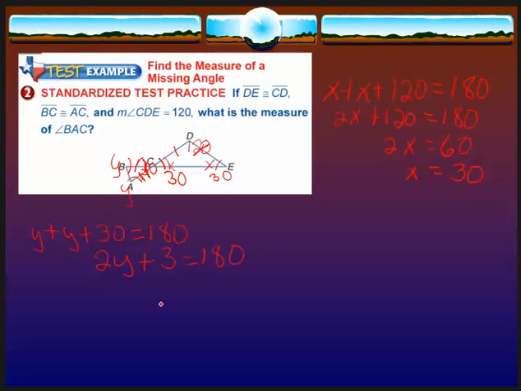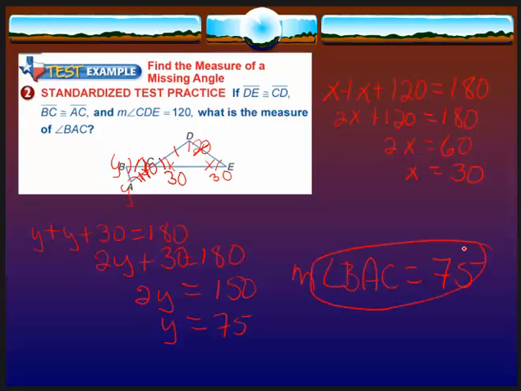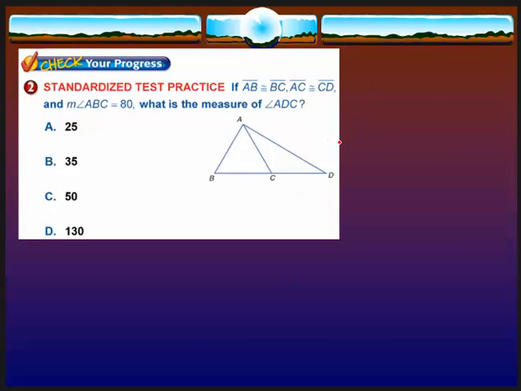Subtract the 30 from the 180, I get 150, divide by 2. So the final answer is that the measure of angle BAC is going to equal 75 degrees. Lots of relationships there that we had to use and remember.